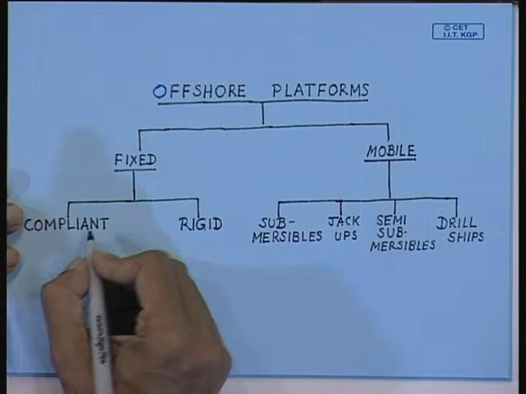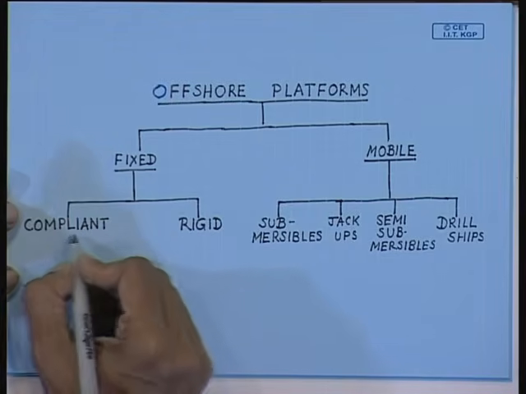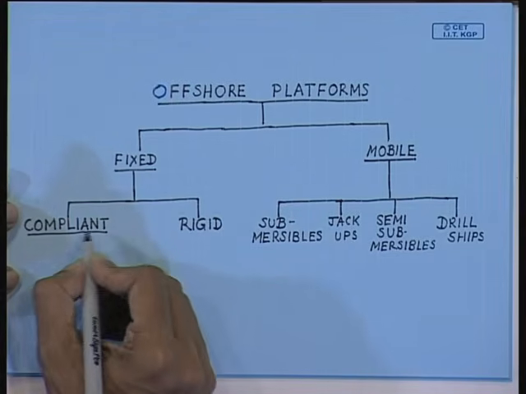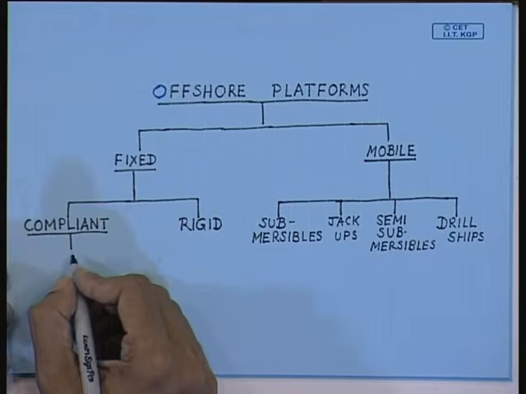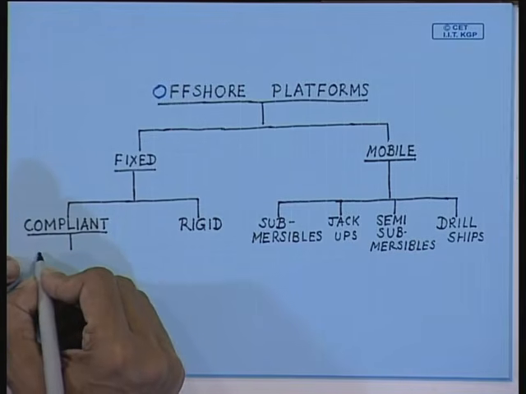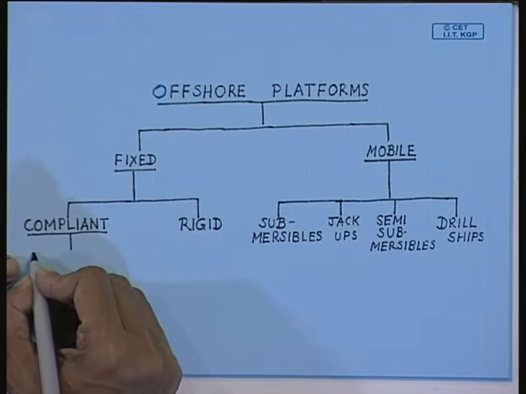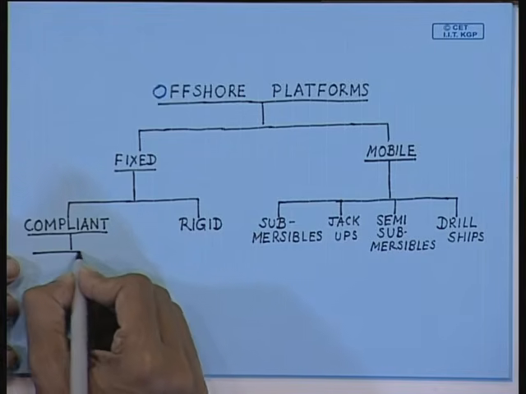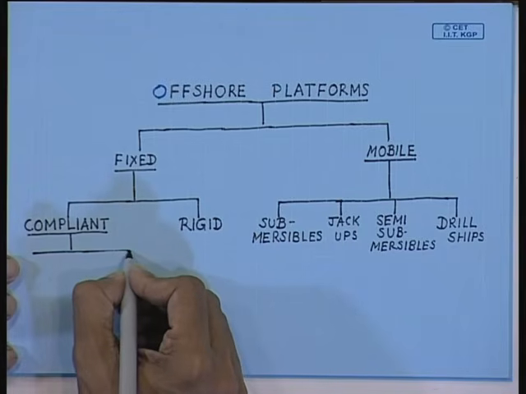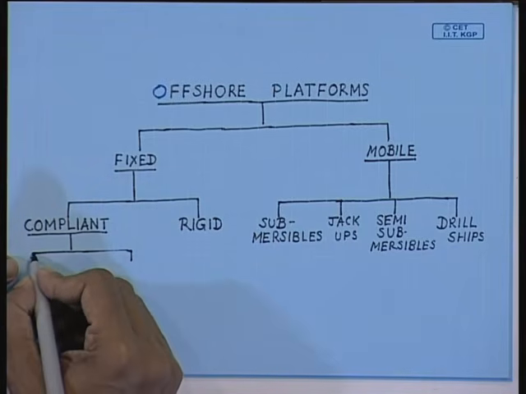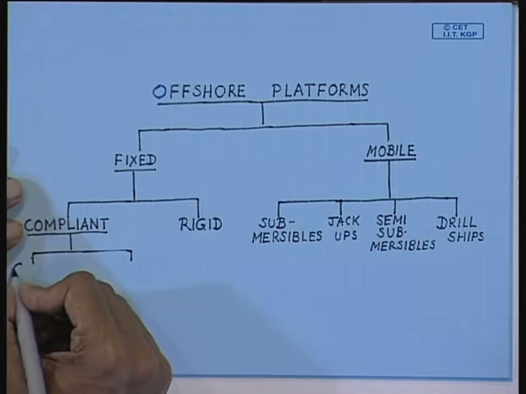Now under the compliant head, you have the major categories, but we will discuss all this in detail later on. And most of them are used actually for mooring buoys. So the first one is your guide tower.